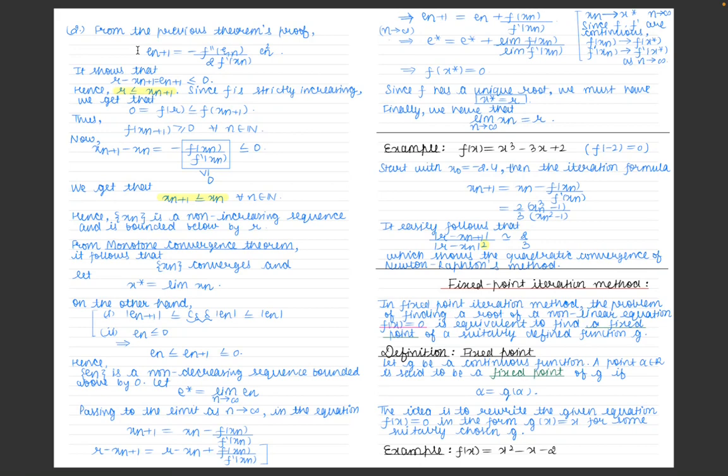So hence, what have we proved finally? Finally we have that x star was this limit of xn, and this converges to r, and this finishes the proof of this convergence theorem for the convex function. Yeah. So the proof was derived from the previous convergence result from the Newton-Raphson method.